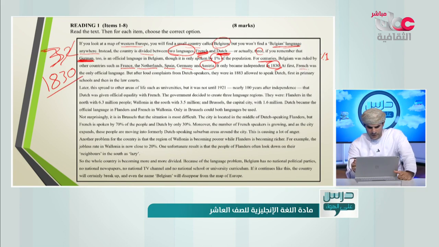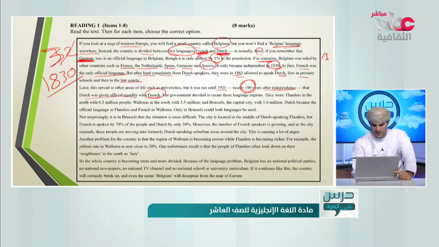At first, French was the only official language, but after loud complaints from Dutch speakers, they were in 1883 allowed to speak Dutch first in primary schools and then the law courts. Later, this extended to the other areas of life such as universities, but it was not until 1921, nearly 100 years after independence, that Dutch was given an official quality with French.